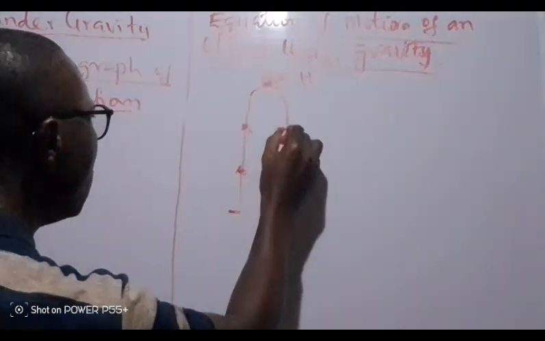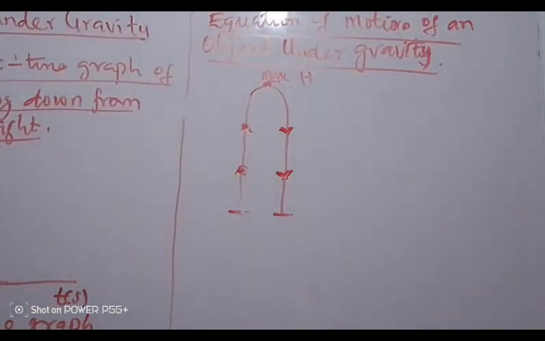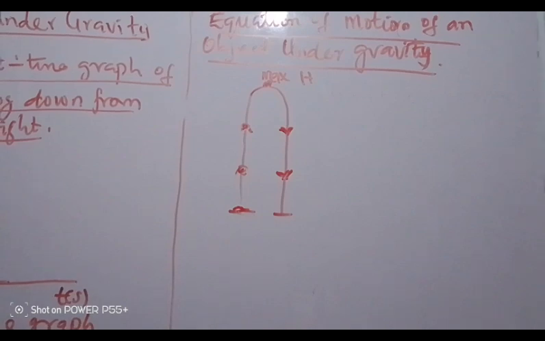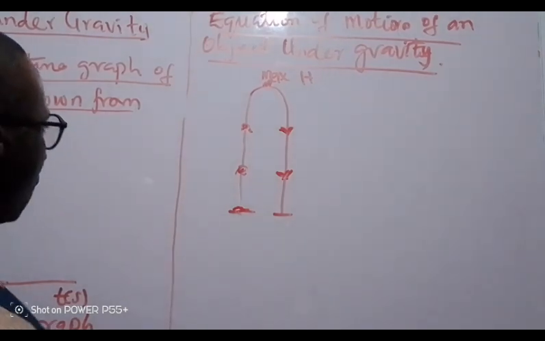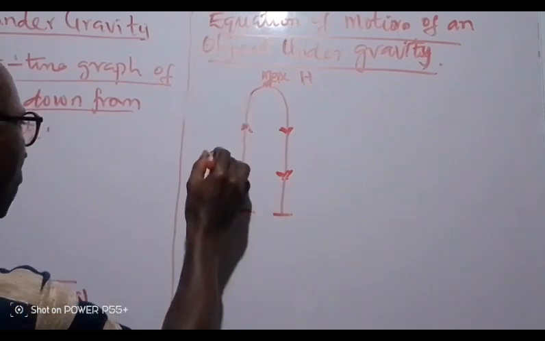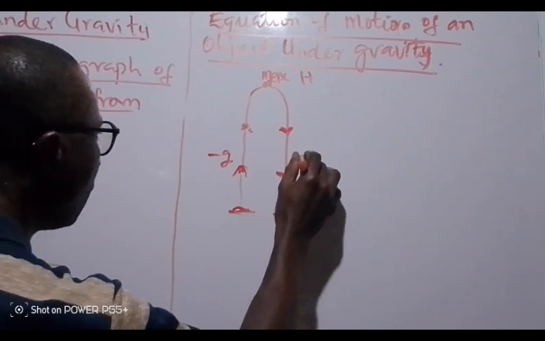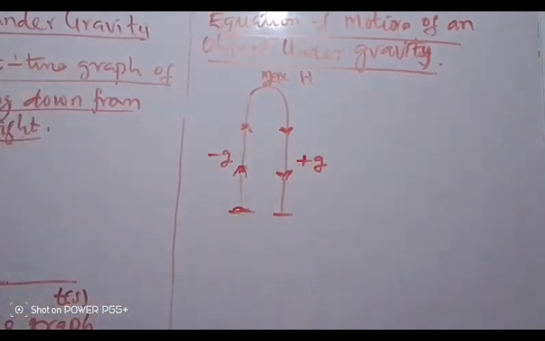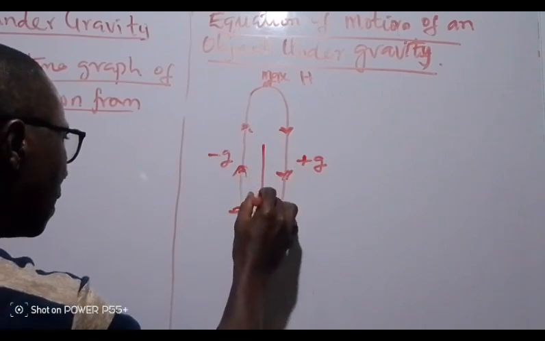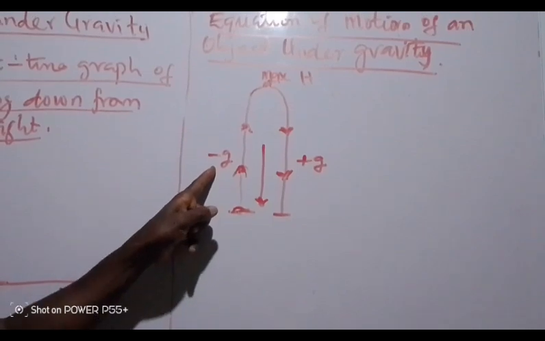Now, the equation to represent this one, don't forget, I said the other time, all the characteristics we have written. Here we said, because this object is going up, we have minus g, and when it is coming down here, we have plus g. Why is it minus? The direction of g itself is downward. So an object moving up has a negative constant acceleration due to gravity.